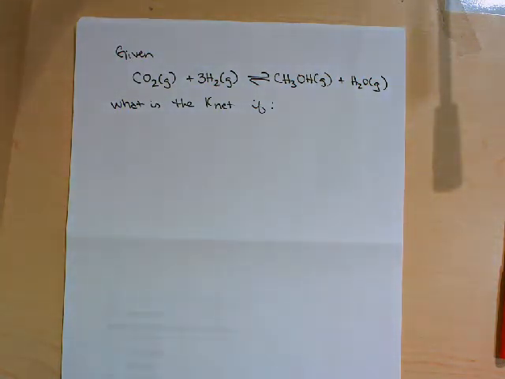I want carbon dioxide reacting with hydrogen gas to make methanol and water. I want to know what the net K of the whole of this reaction is given the following 2 reactions.